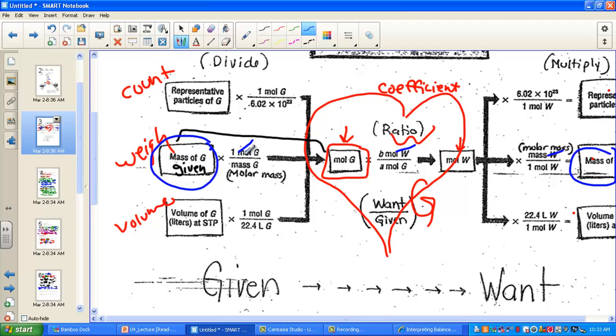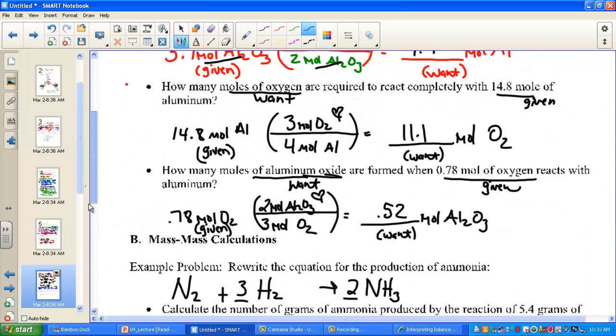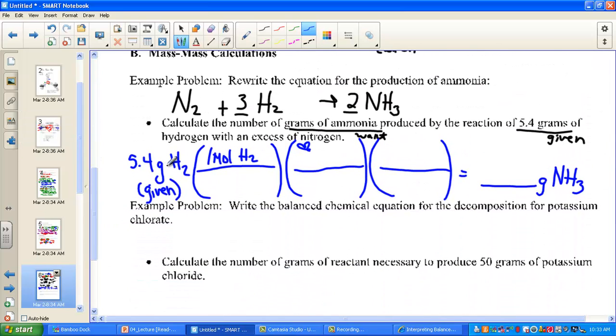Given the quantity, I use 1 mole of given over its molar mass of given. Given quantity is grams of hydrogen. 1 mole of hydrogen has a molar mass of 2 grams. Just the atomic weights of 2 H's added together. Grams of hydrogen have canceled and we moved into moles.